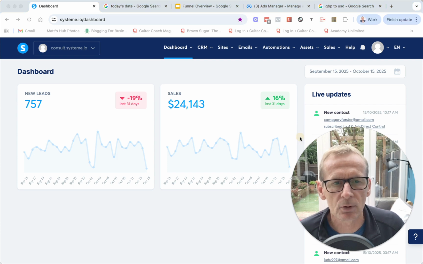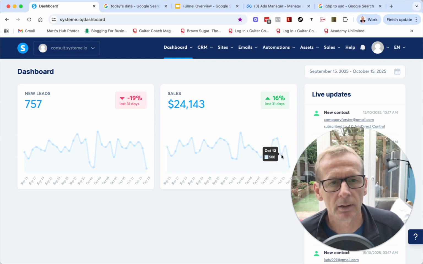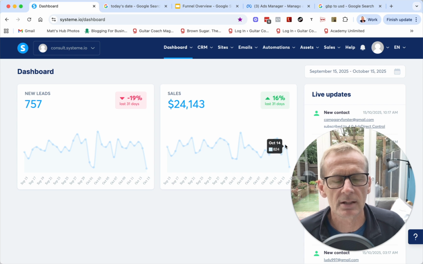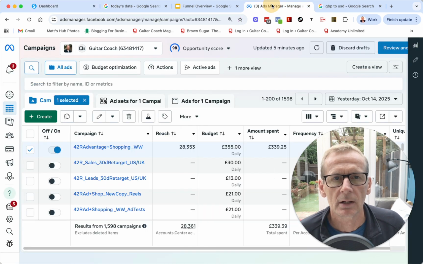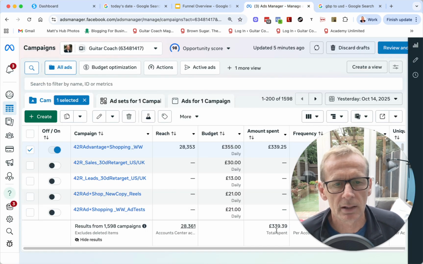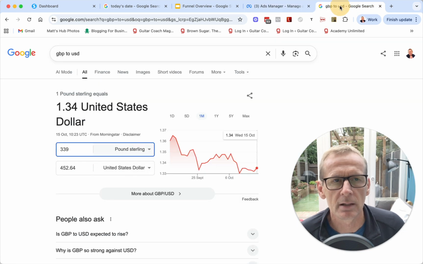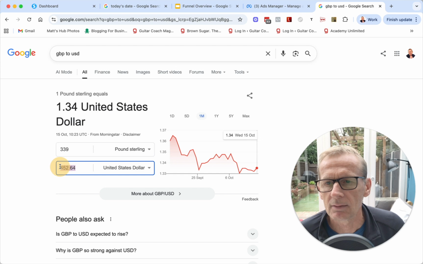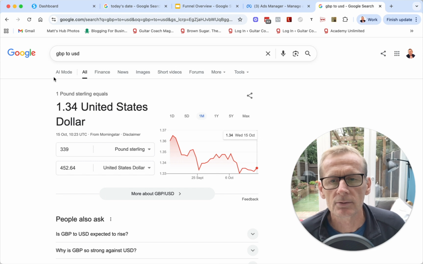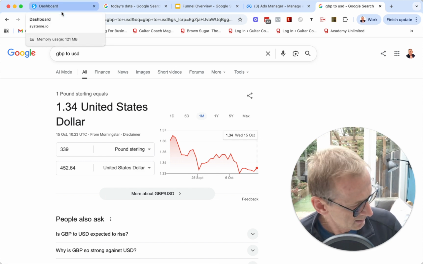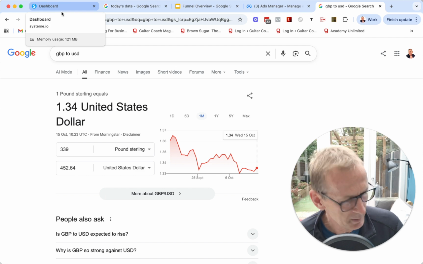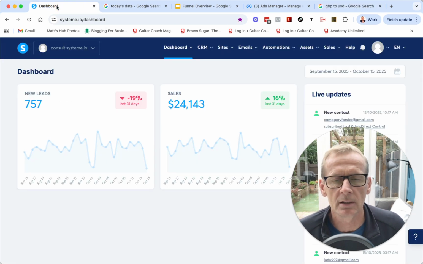Yesterday we did see a bit of a recovery, which was good because we had seen a dip down to 566. Yesterday got up to $824 in sales with an ad spend of $339, giving us a $369 profit.